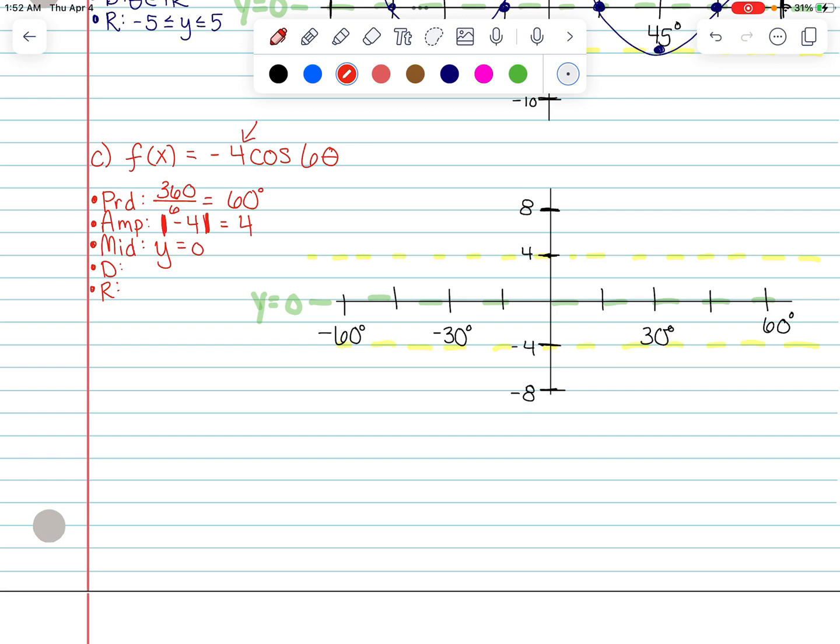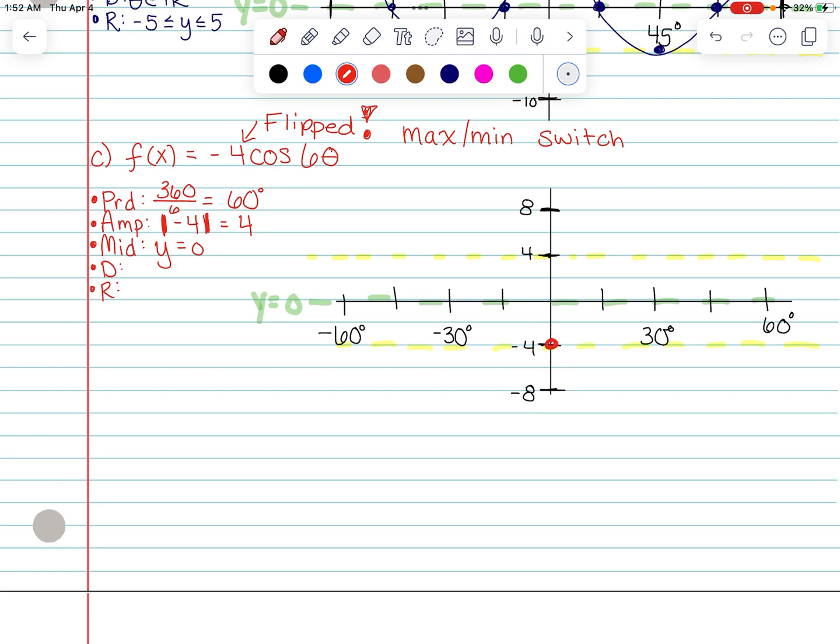Now cosine, again, typically starts at its maximum, but this one flipped. If it flips over, then what is typically a maximum flips to minimums. What's typically a minimum flips to a maximum.